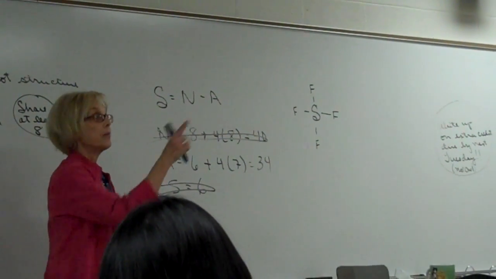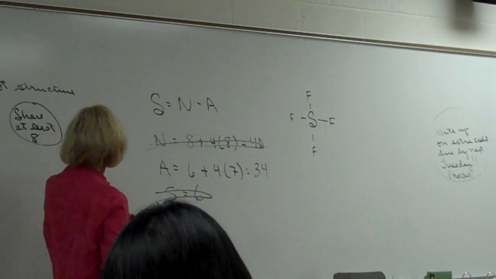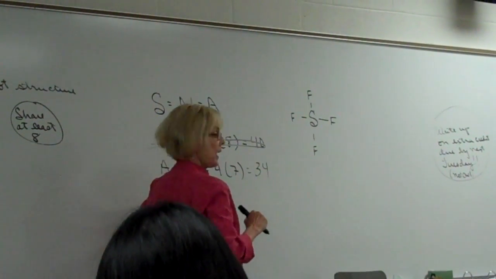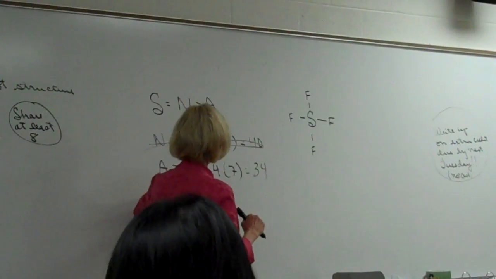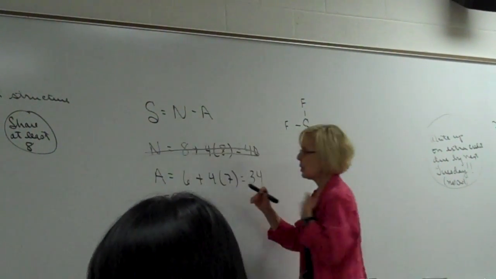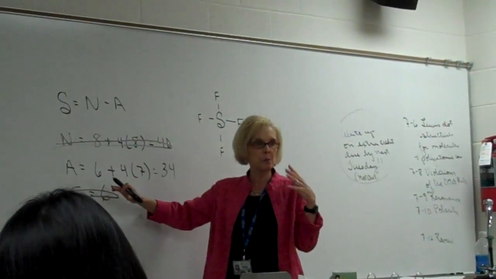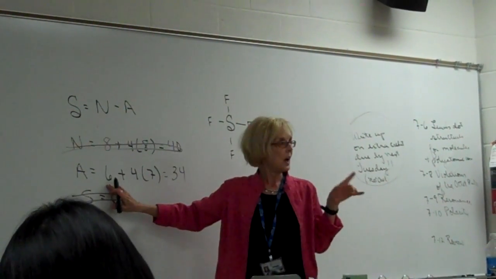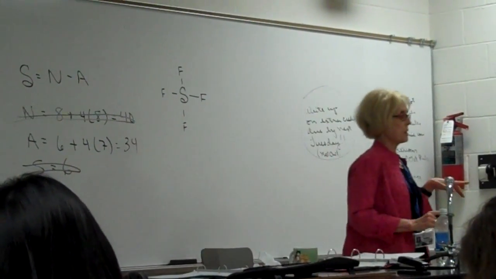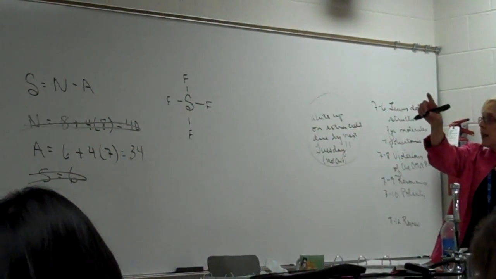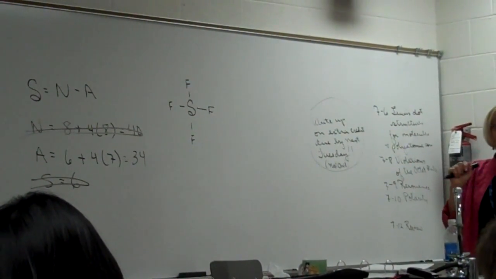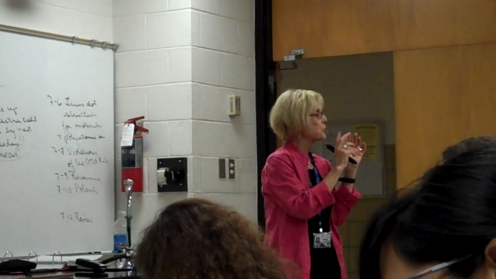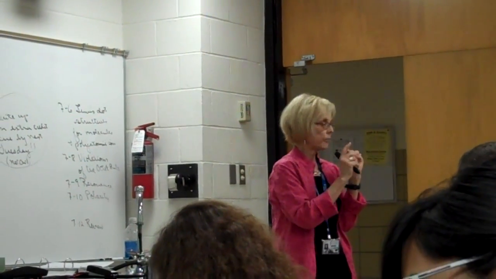Okay. How did you get A? Like Available. Available is your valence electrons. If we look at sulfur up there, valence electrons are electrons in the outermost major shell.